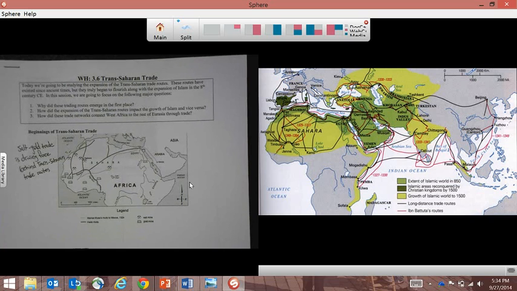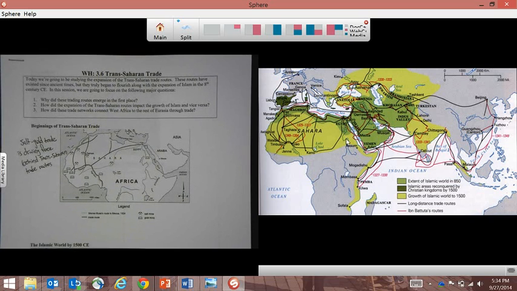So what you're seeing on this map over here to the right, the stuff that's in this darker green color, this is basically what was being controlled by the Caliphate at the time. And so as the Caliphate expands, just like in the classical empires, when they're controlled by an empire, it makes the trading routes safer. And they're able to guard them, prevent thieves from having as big of an impact.